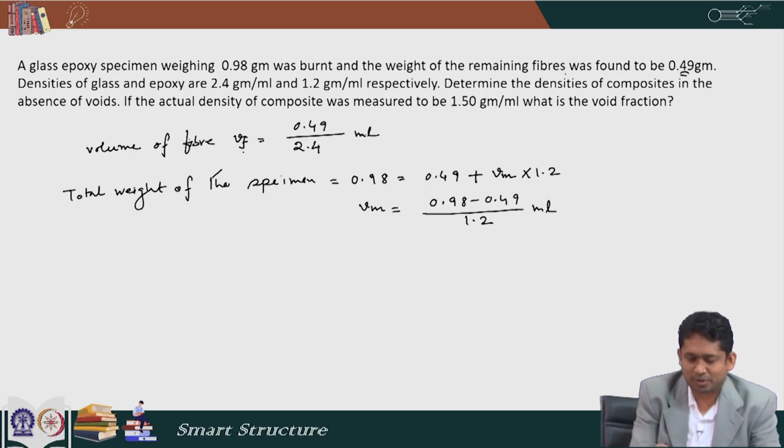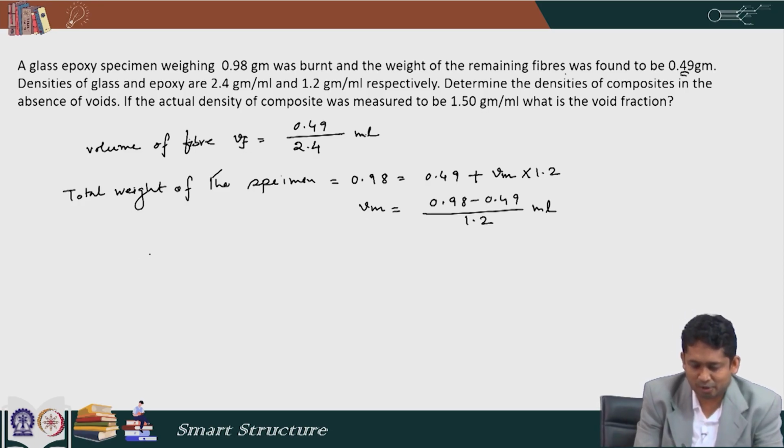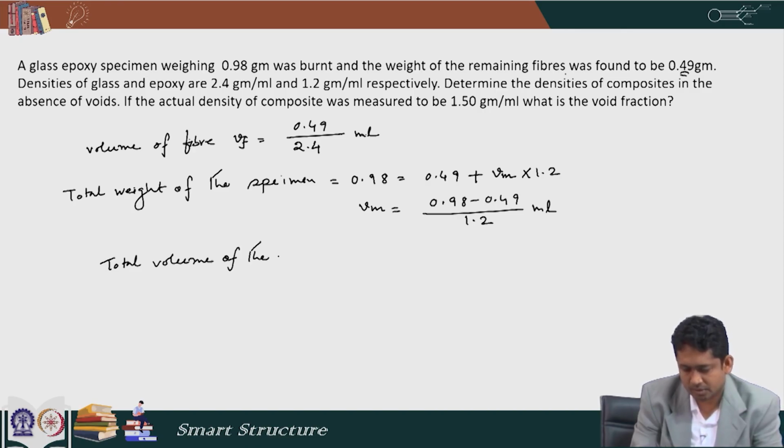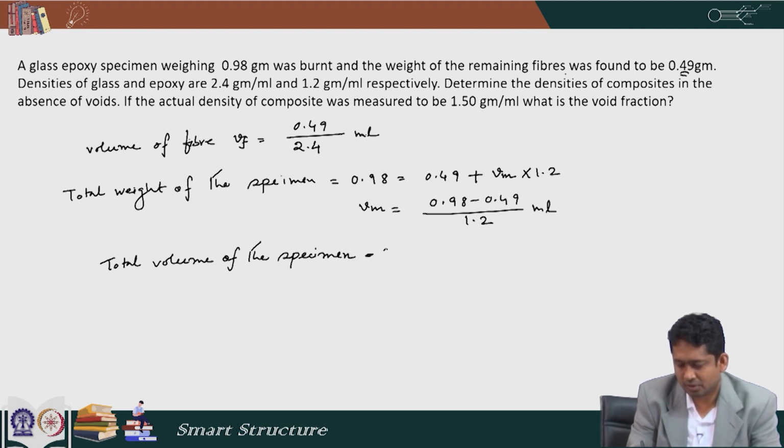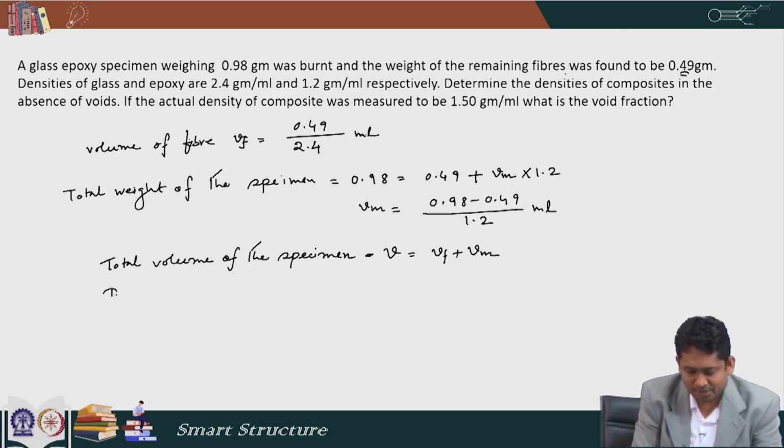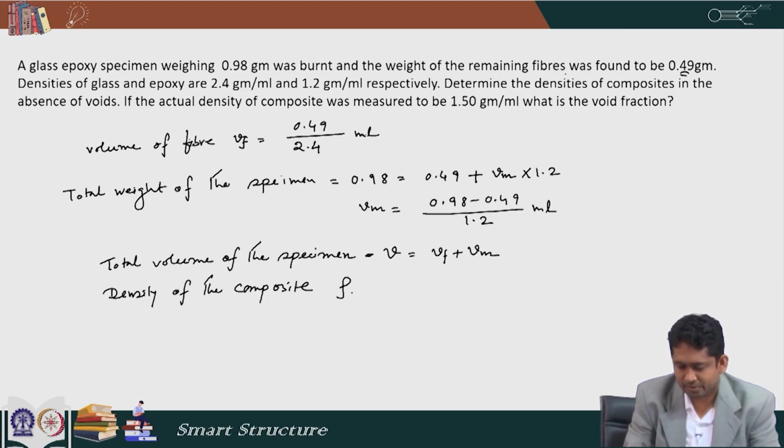So, we know the volume of the fiber, we know the volume of the matrix now. So, the total volume of the specimen, which we can call V, is equal to Vf plus Vm, which is now known to me, and from here the density of the composite can be found out, which we can call rho.